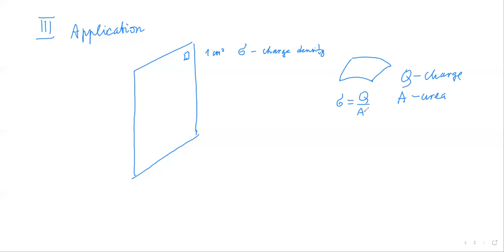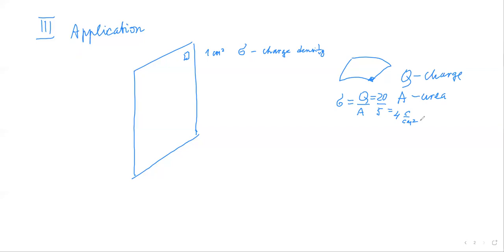That shows which part of Q sits on every tiny square centimeter of this area. So basically, sigma shows you the charge per unit of area. If, for example, your charge Q is 20 coulombs and your area is 5 square centimeters, not possible, but just for example, we're going to get 4 coulombs per square centimeter.